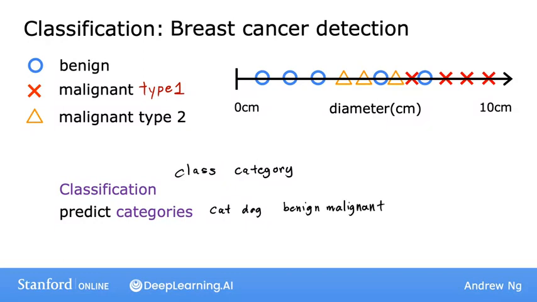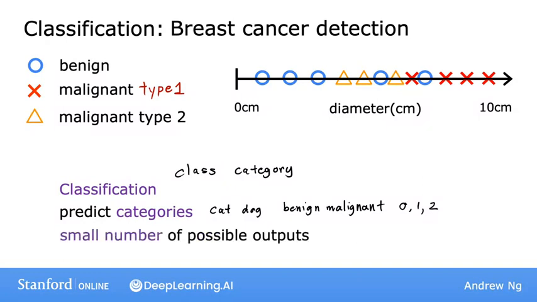Categories can also be numbers like 0 or 1, or 0, 1, or 2. But what makes classification different from regression when you're interpreting the numbers is that classification predicts a small, finite, limited set of possible output categories, such as 0, 1, and 2, but not all possible numbers in between, like 0.5 or 1.7.